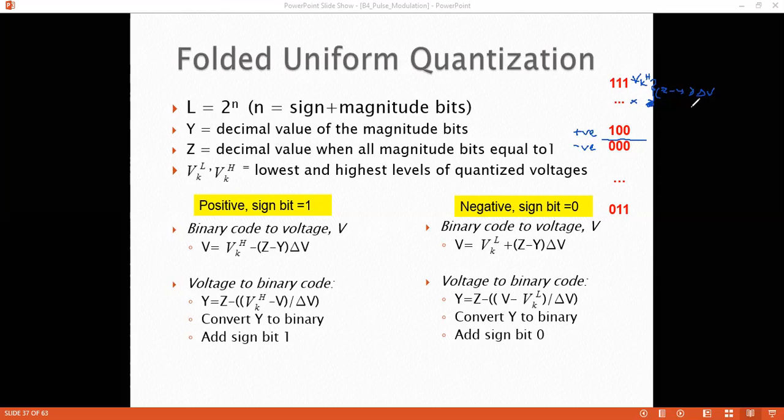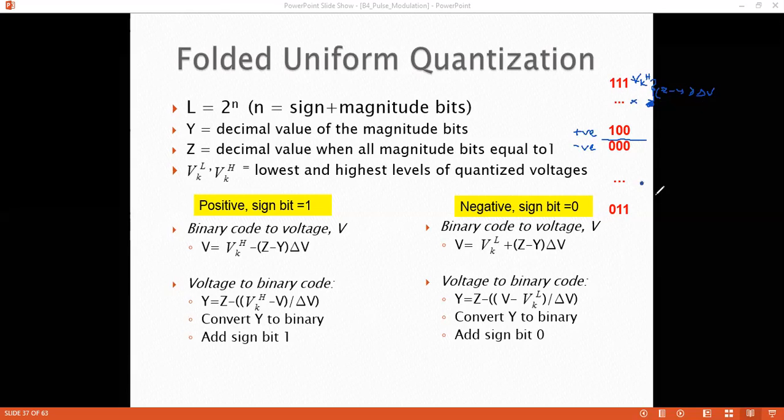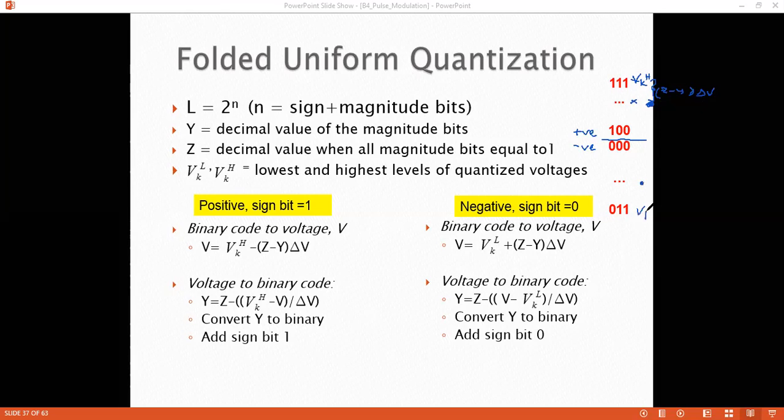Whereas for the negative, if our point is here, we start with VKL.